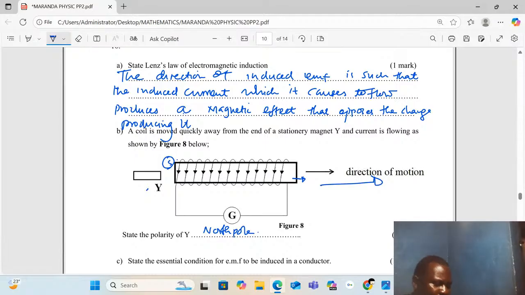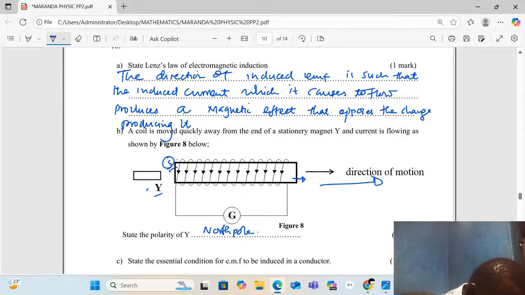where we have the magnet moving, you need to create a repulsive force. In this case, we expect to get an attractive force. So if this is south, then automatically our Y becomes a north pole.